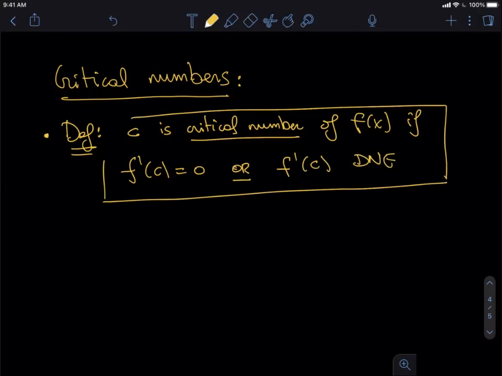So these are the two possibilities. Either the derivative is 0 or it does not exist.